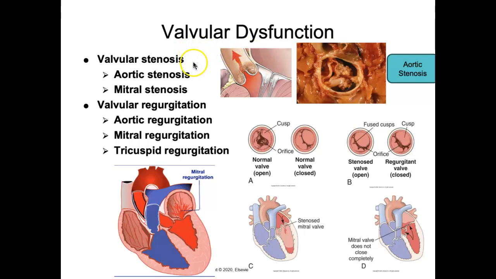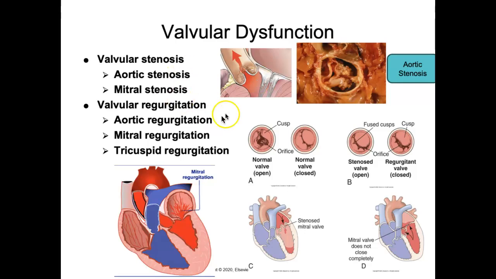So when we have a valvular stenosis, what we mean by that is that we have a narrowing of the valve. So we have a little opening and we get progressive obstruction to blood flow. And essentially it causes the heart to increase in workload so that the chambers are really trying to pump that blood through that narrow opening.